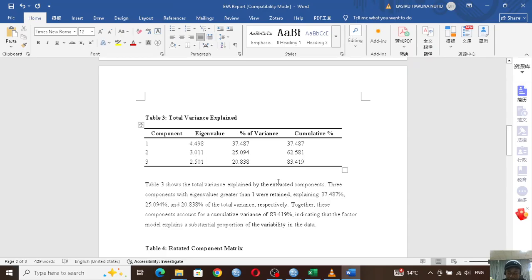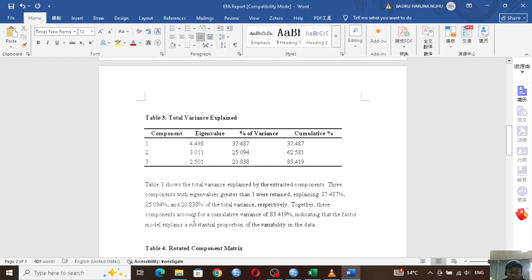So these are the 3 components, explaining 37.487% by component 1, 25.094% by component 2, and 20.838% by component 3 of the total variance respectively.